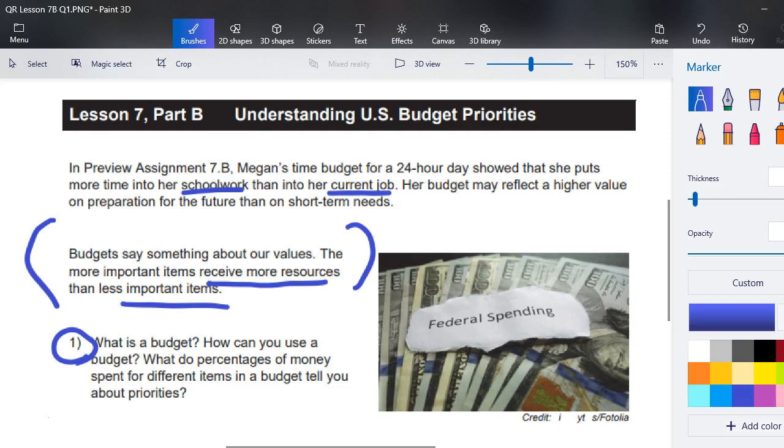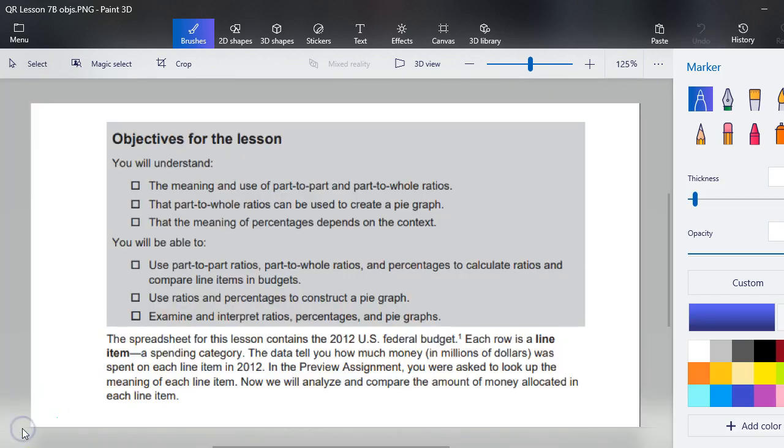Your answers are going to vary on this. One of the ideas is that the higher percentages may indicate higher priorities. Keep in mind we're getting ready for your next test, and we talked in a video earlier that if you're not happy with your test grade, you've got to do something different, or the test grade's going to, in all likelihood, continue to be the same.